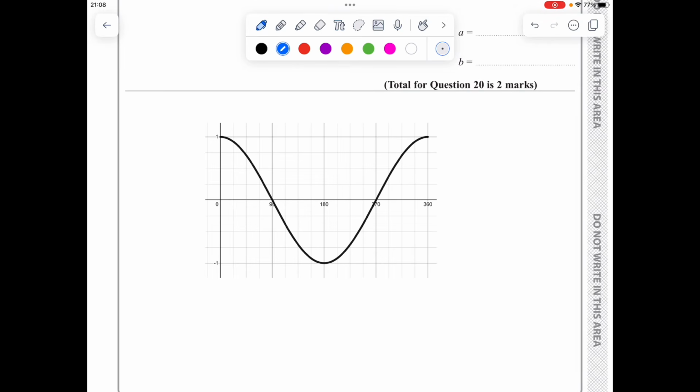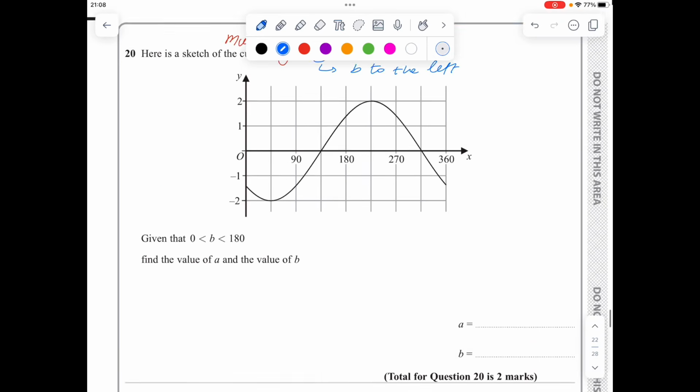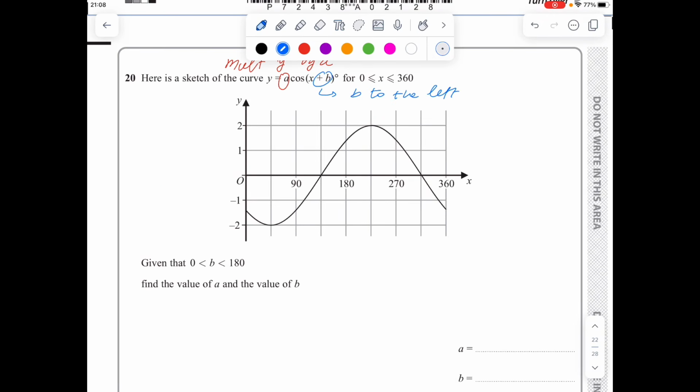Note that the height goes from -1 to 1, so it has a total height of 2. Consider the minimum point. The minimum point is here at (180, -1). So if I go to the transformed graph at the top, note that the height of this one is equal to 4.